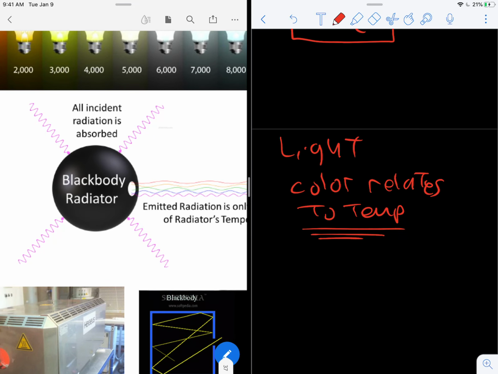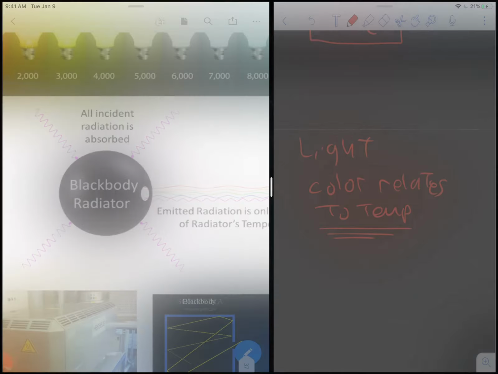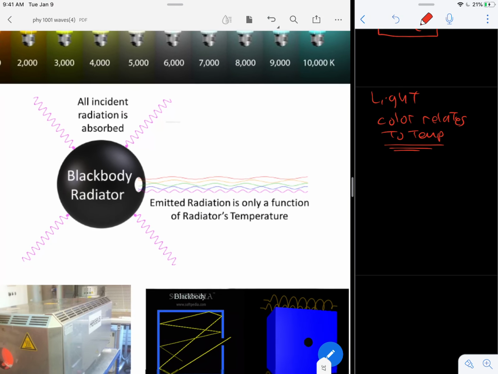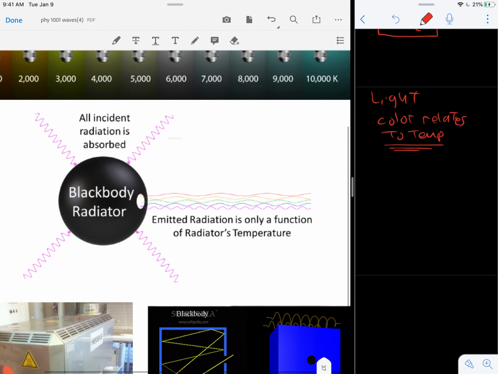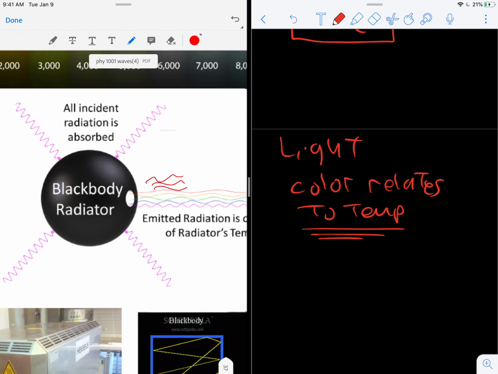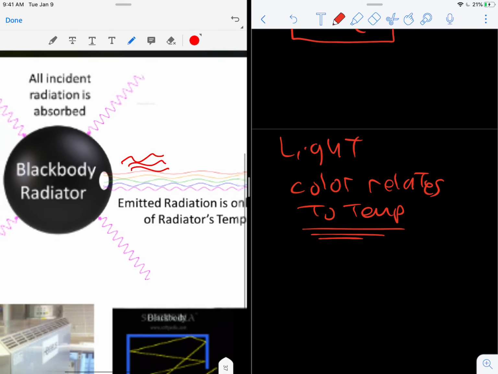It's black because it absorbs all light, so that means that no light goes back into your eye, so it appears black. But on the other end, if you heat up a black body, it'll send out all the different colors of light, and it'll appear white to you. This is something I forgot to mention, but when you combine all the different colors of the rainbow, you get white light.